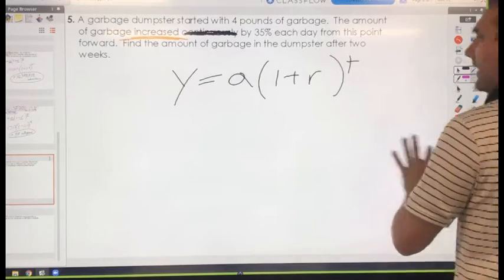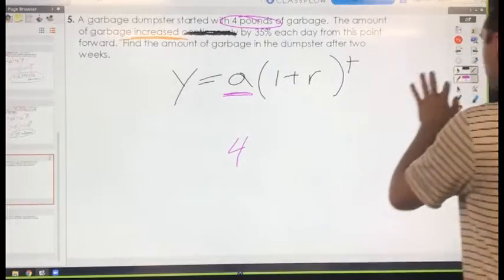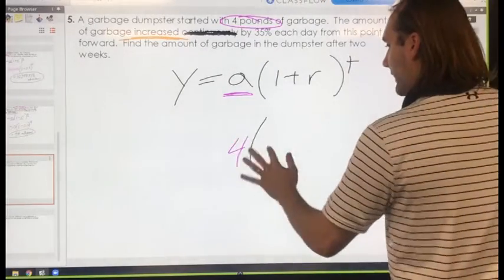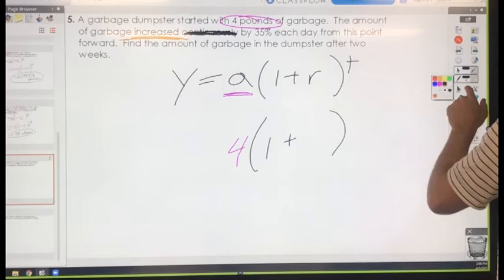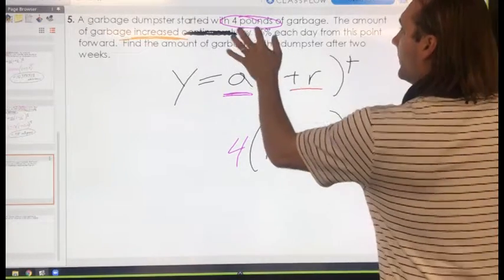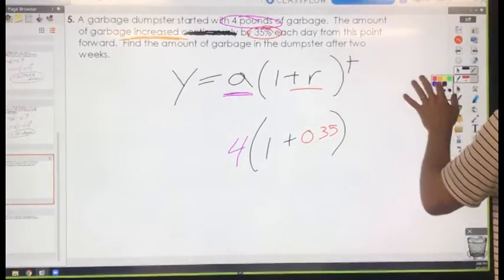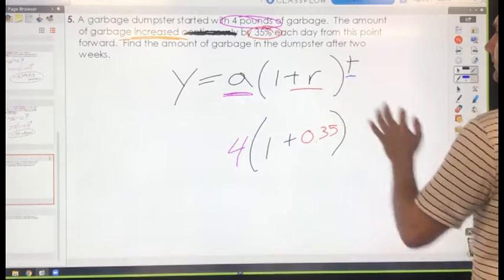What is my a value? Should have put 4 pounds. What is your rate of increasing? 0.35. Yep, 0.35. And what is my t for time? 14.